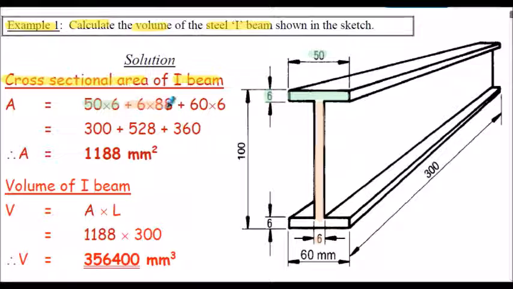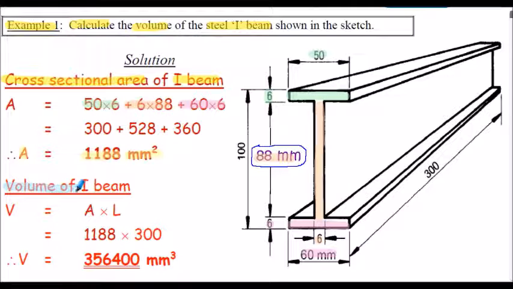The 88 millimeters is the depth of the I-section, 100, minus twice the flange thickness, so minus 2 times 6 in this case. And finally, we've got the lower flange, which is 60 millimeters wide multiplied by the thickness of 6 millimeters. So evaluating the area of the I-section is 1,188 millimeters squared.